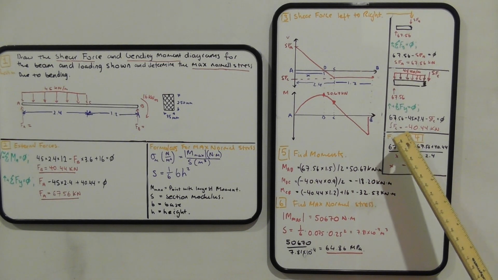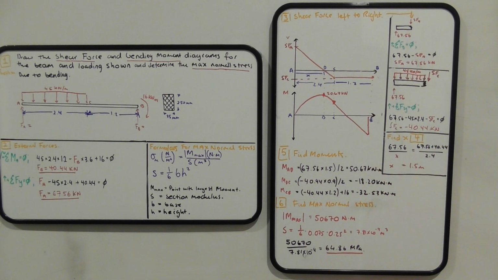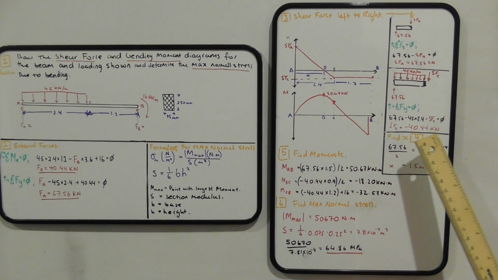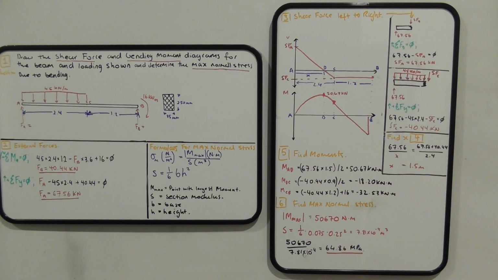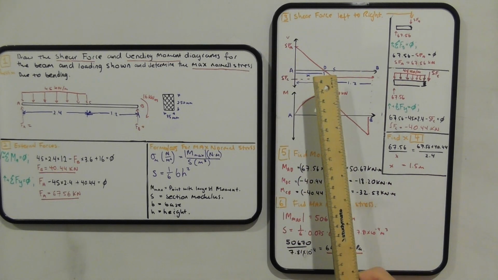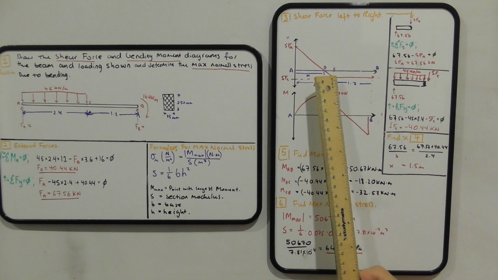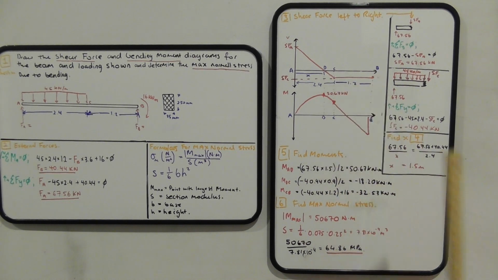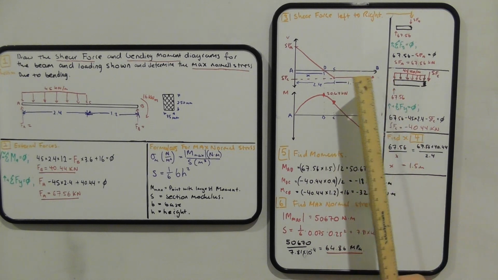Now shear force at C will come out to be around negative 40.44 kilonewtons, and that's where the distributed load will end and will continue because there are no other external forces acting on that.